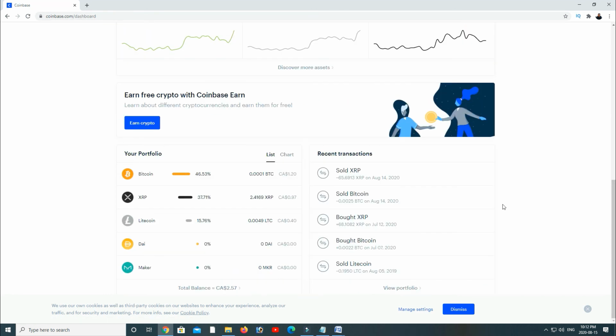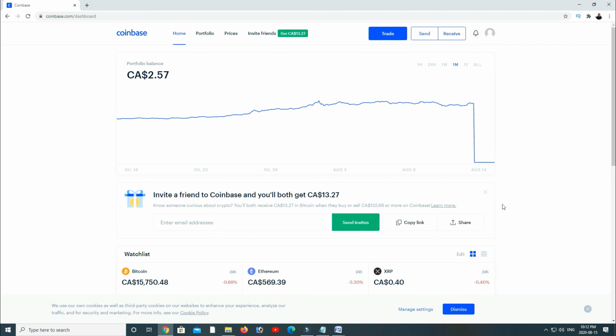You can buy with your credit card or bank, and you can also buy Bitcoin with another currency. I'm using the credit card to buy this currency.